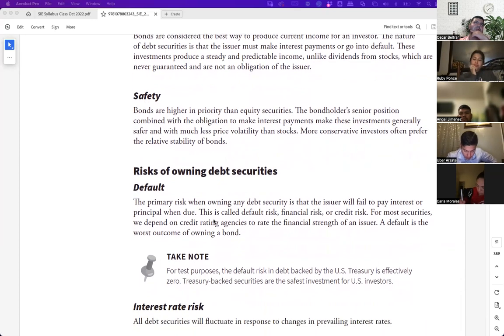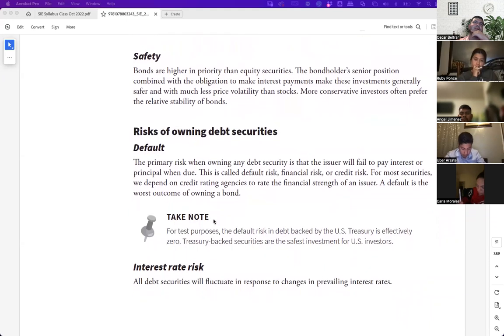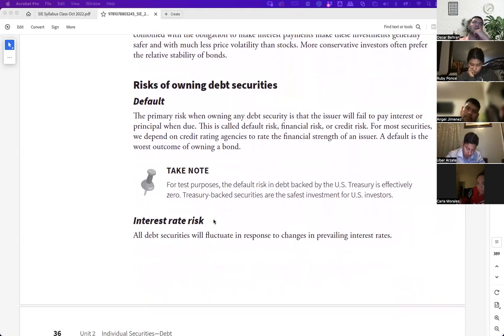Now, this right here are the risks of owning debt securities. Default means, what if they're not able to keep providing those payments every quarter, every month, because that company stopped paying. So that's the main risk here, that the income can stop coming in.